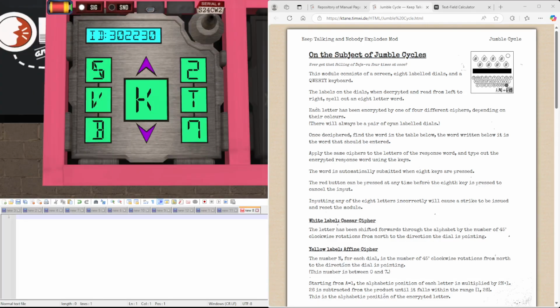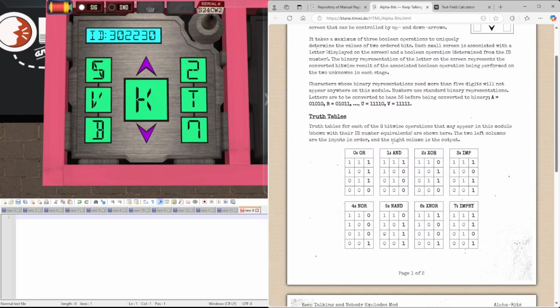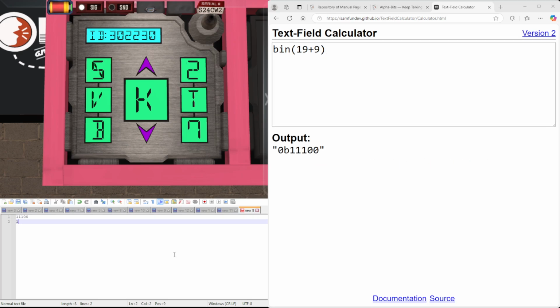Okay, so we're starting with alphabets. Okay, so we have the same logic gates but in a slightly different order. So we get bin 19 plus 9, 11100, 1111.